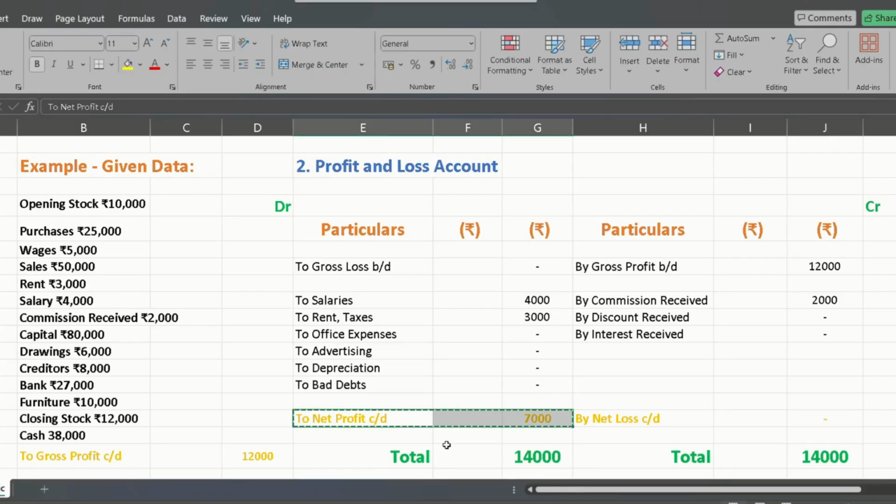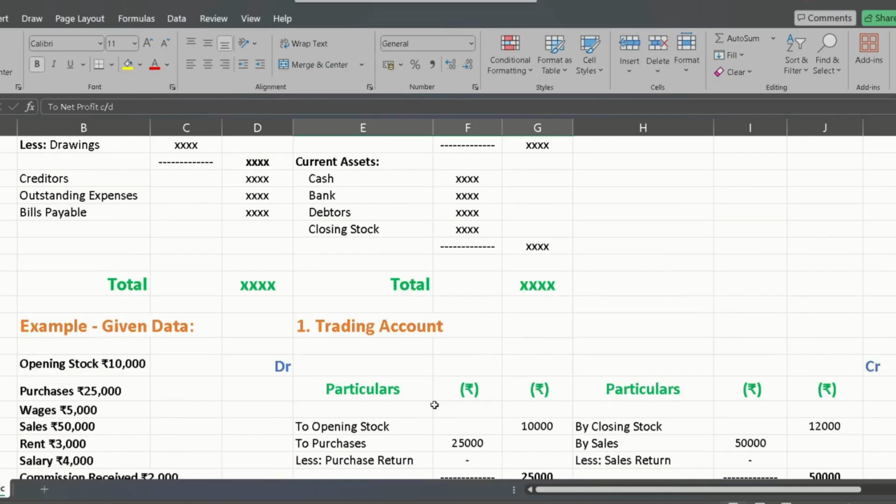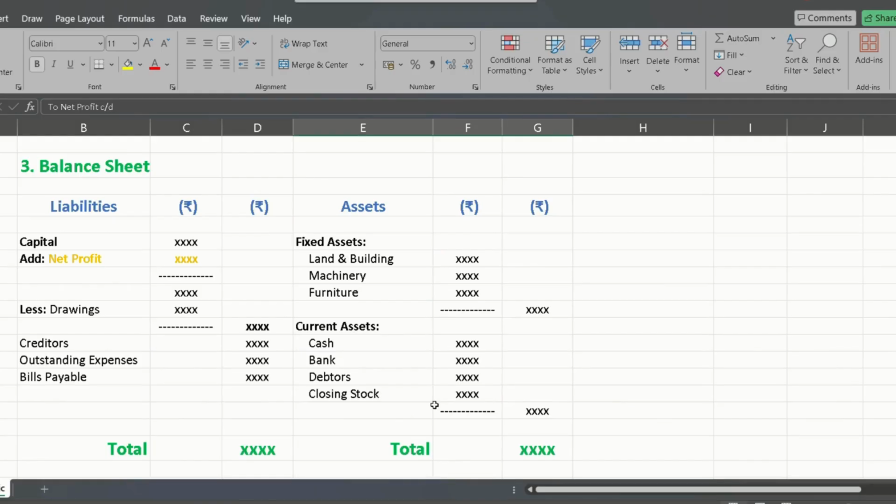The process is to show the final position of the business, its assets and liabilities on a particular date. Format of the balance sheet: liability amount, asset amount.